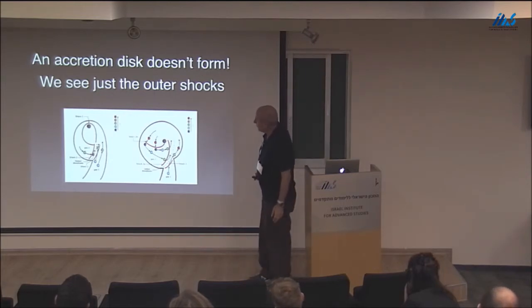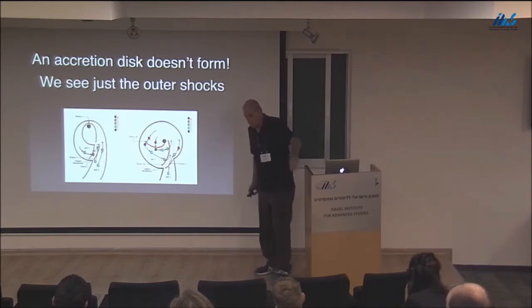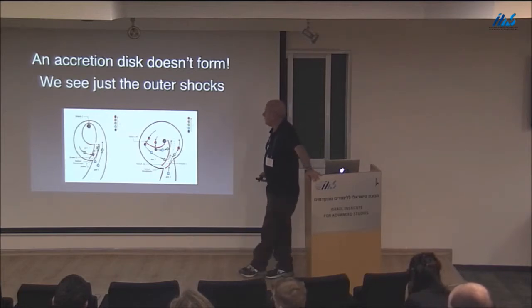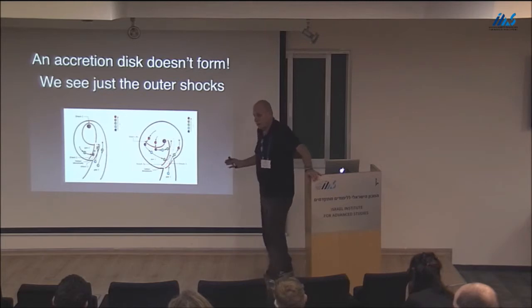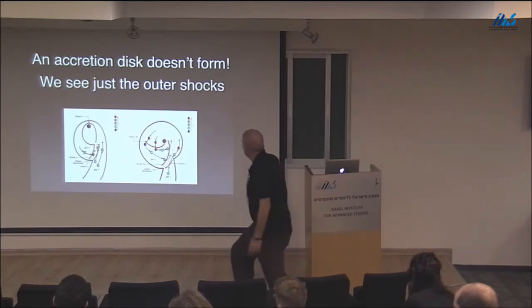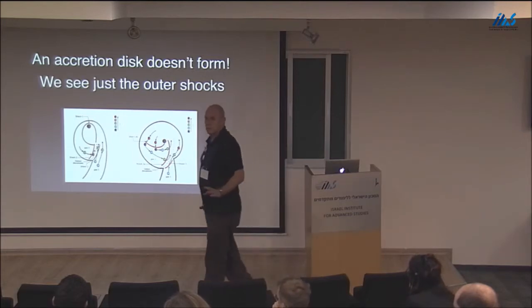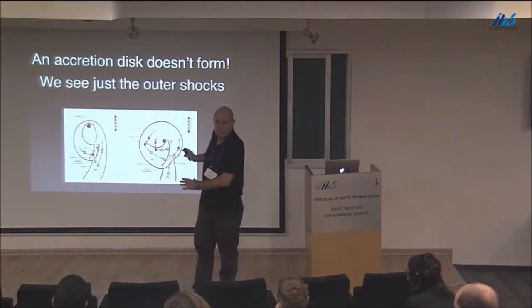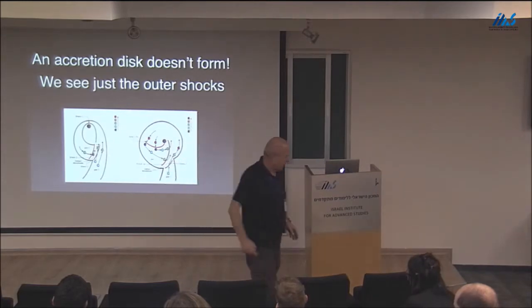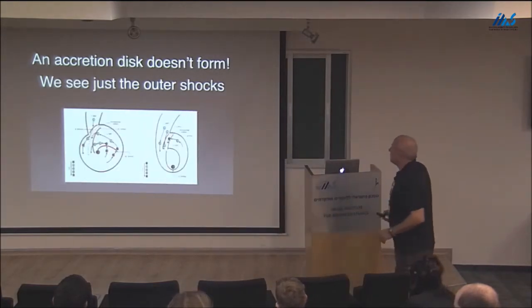We suggest that the collision of the incoming stream with the returning material, which happens at about a few hundred to 2,000 gravitational radii, is the region where energy dissipation has the right amount of energy at the right time scale and so on, but I will not talk about it. I call this model the what you see is what you get model. You see this, you get it. But let's skip this.